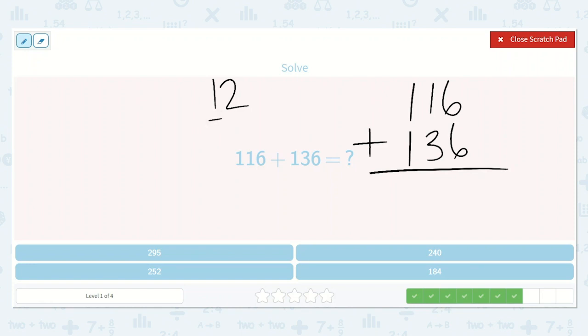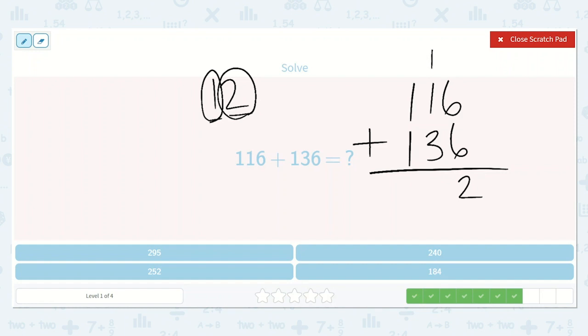How many ones are there? 2. So I know only the ones belong in the ones place. So this number belongs in the ones place. 2. But I know that 6 plus 6 isn't 2. 6 plus 6 is 12. So I need to include this 10 as well, and that belongs in the tens place. So my 1 that is in the tens place goes in the tens place, and my 2 belongs in the ones place. So we have 6 plus 6 is 12, and now we can add our tens.